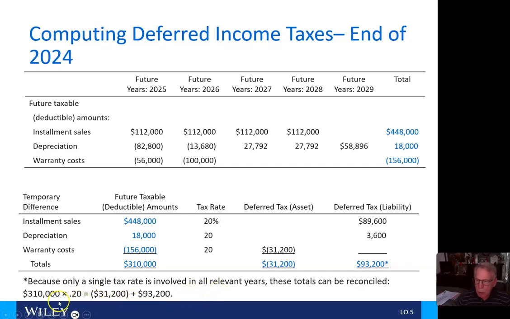These totals can be reconciled by taking $310,000 here times 20% plus this $93,200 here for deferred tax asset $31,200, and our future taxable amounts as shown in this column here.